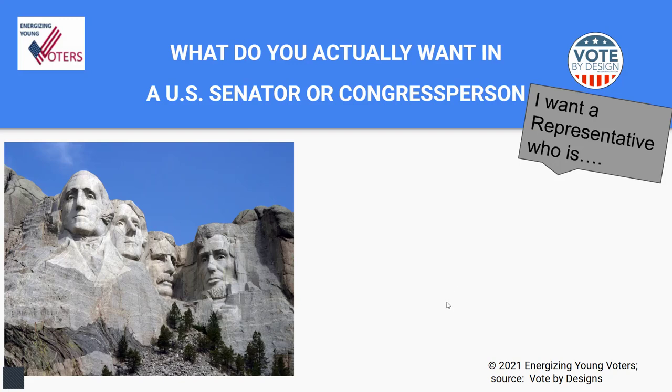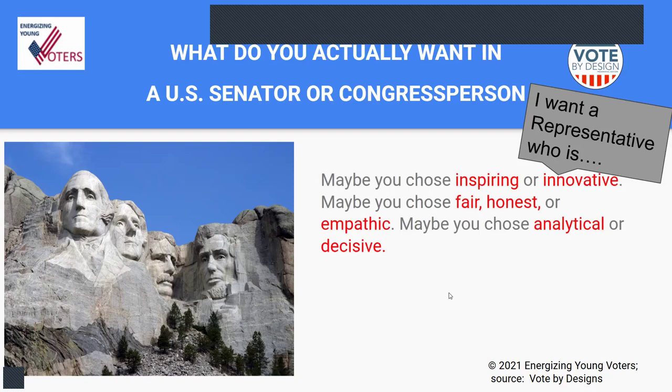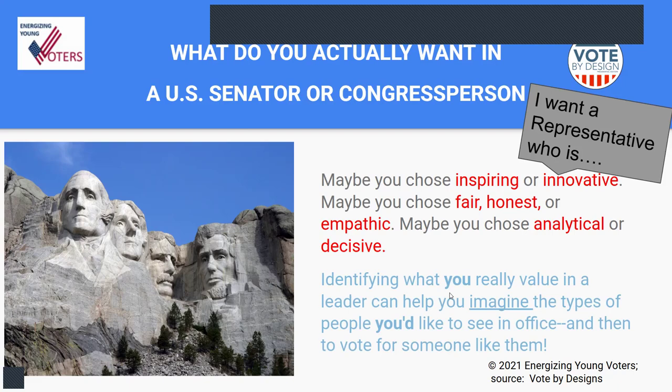Okay, and then we go on to say, maybe you chose inspiring or innovative or fair or honest or empathetic or analytical or decisive. It doesn't really matter what you put down there because that's what's personal to you.